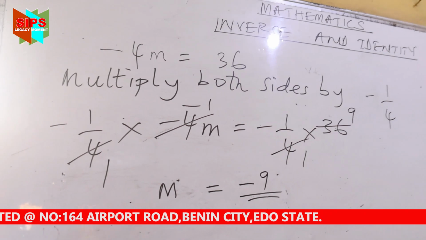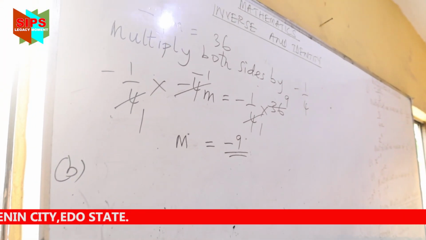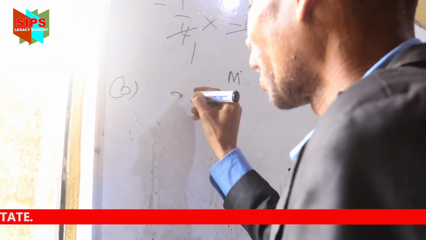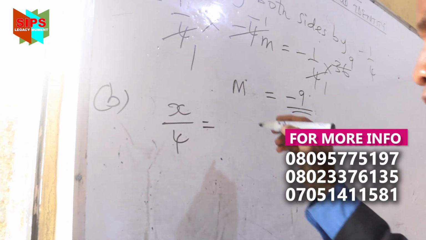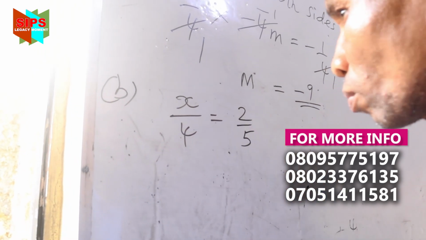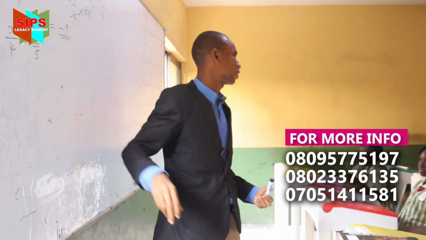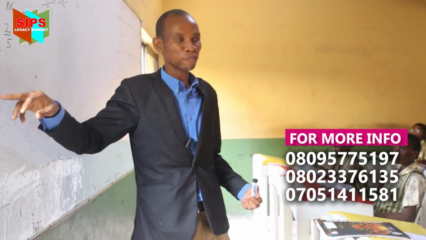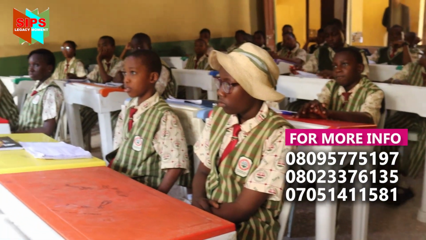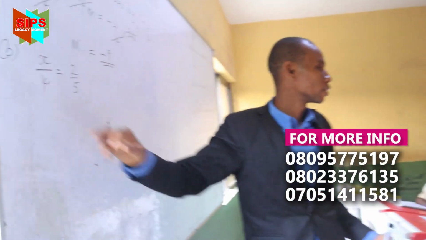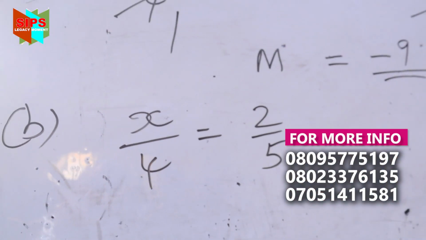So now let's go to the B part of the question. The B part is saying x all over 4 is equal to 2 over 5. If this one is rearranged, it's written as 1 all over 4 times x. So this one is the inverse of 4, right? Good. Mind you, the inverse of 4 is written as 1 over 4.